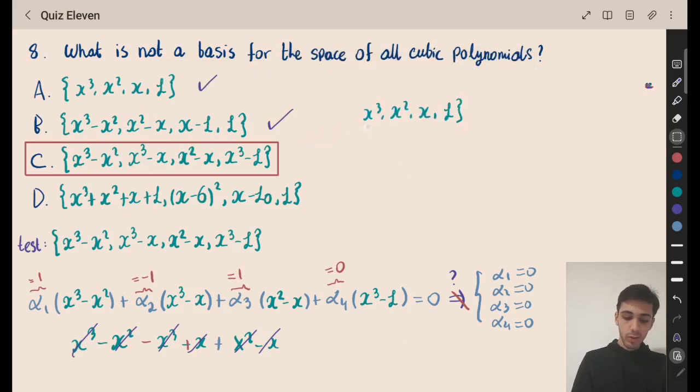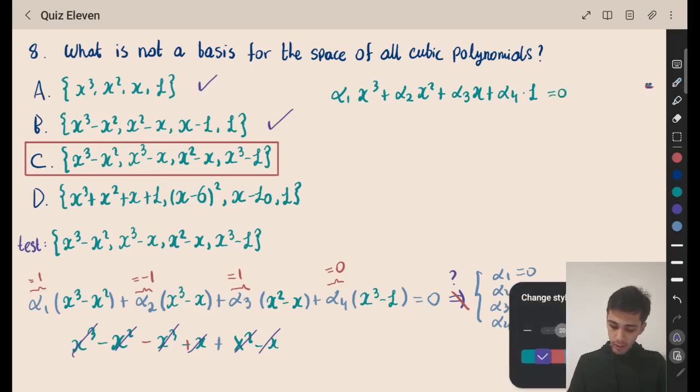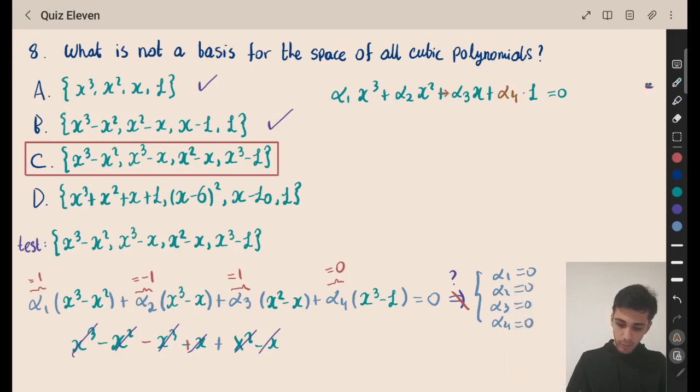The way I would do this is I would take scalings of each basis vector, and I would set this to be equal to 0. These are my scalings, and this is my set of basis vectors in green.